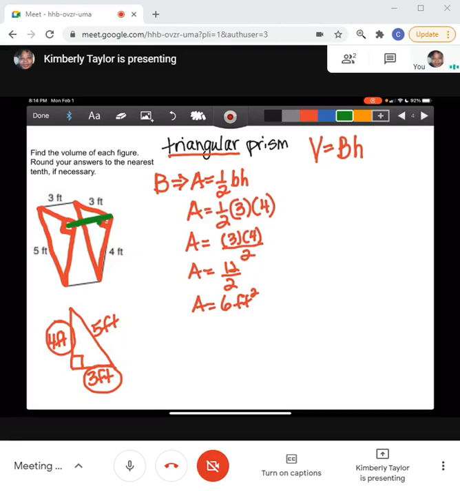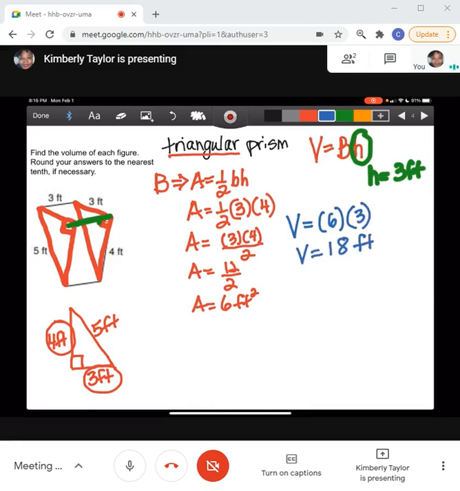So 3 feet is going to be the height of the prism, because it separates the base on the left from the base on the right. So the height is going to equal 3 feet. Now I can put it all together. To calculate the volume, V is equal to the area of the base, which is 6, times the height, which is 3, and you get 18 feet cubed. What are your thoughts so far?